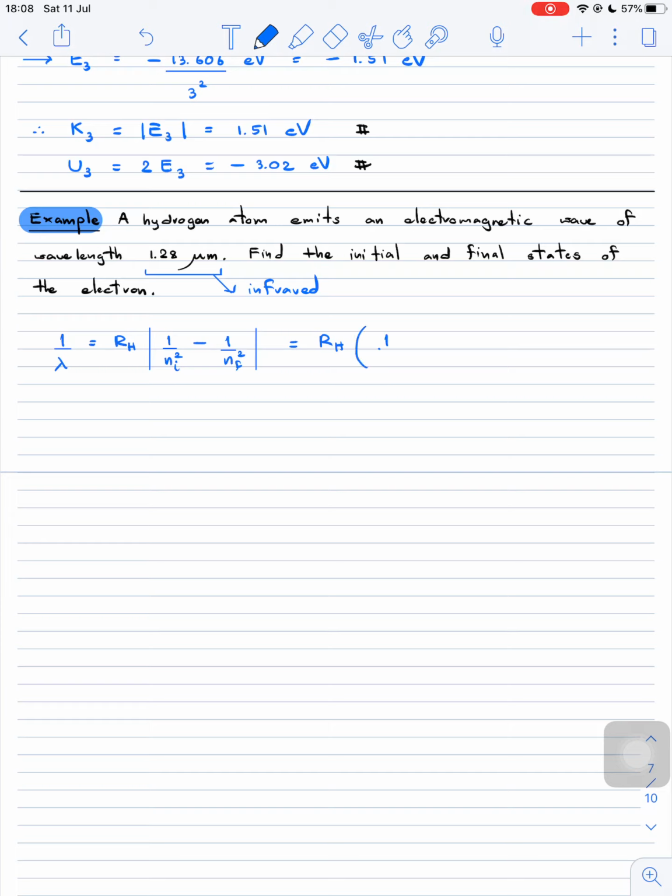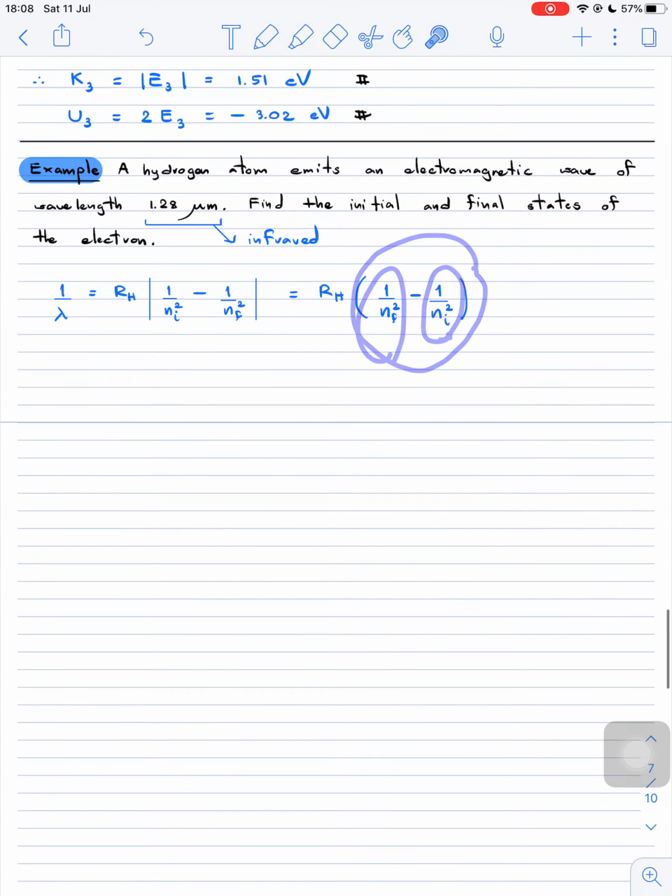So we have 1 over Nf squared minus 1 over Ni squared, and that's it. Don't forget that Nf is less than Ni. It means that this term should be greater than this term, so we have this to be positive already.